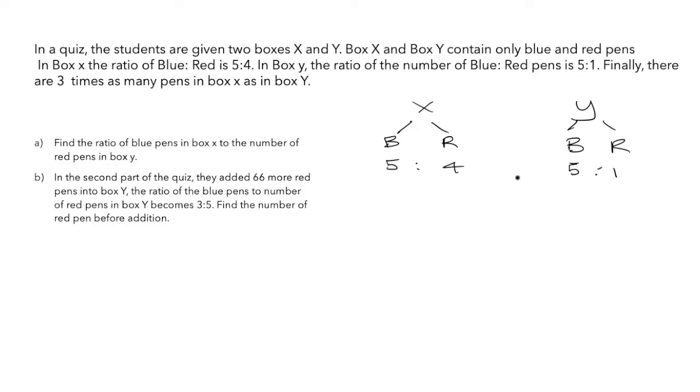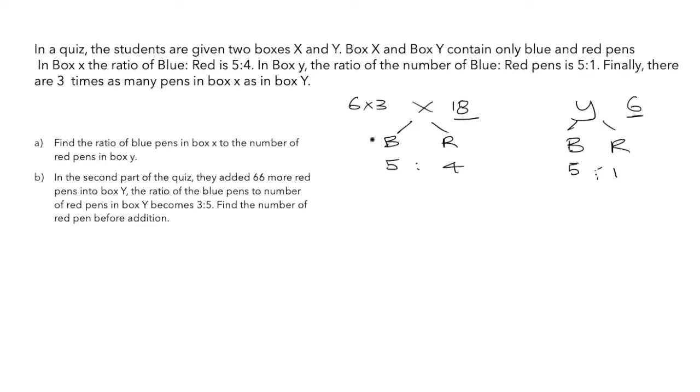But something that we know is that box X has 3 times as many as what we have in box Y. So we know Y is 5:1, the total here will be 6, correct? Box Y has a total of 6. And X has 3 times, so here will be 18. Okay, this is the first thing that we established.